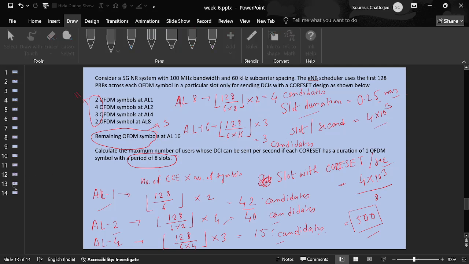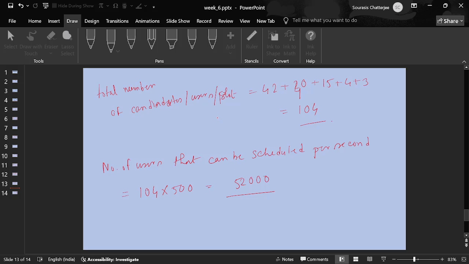If we sum them all up, the total number of users per slot comes out to be 42 plus 40 plus 15 plus 4 plus 3, that is 104. Once you calculate the number, you multiply by 500 to get the number of users whose DCI can be scheduled per second, and the number comes out to be 52,000.